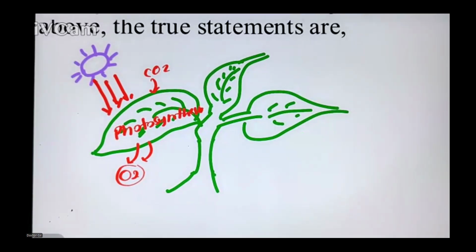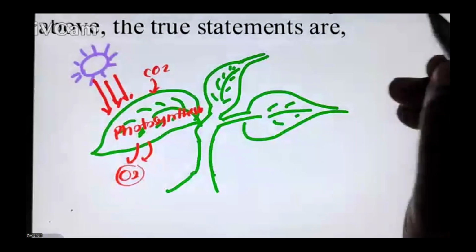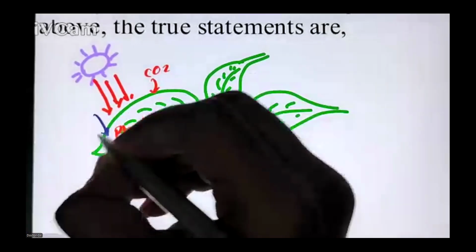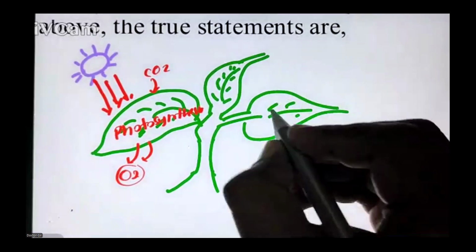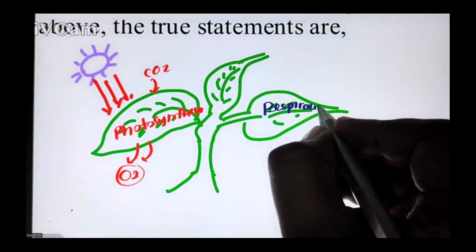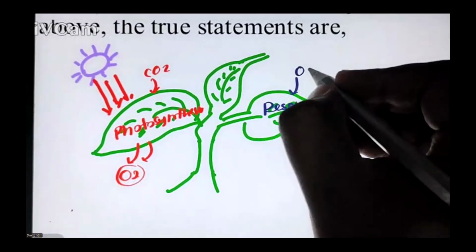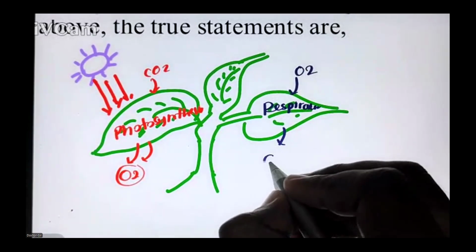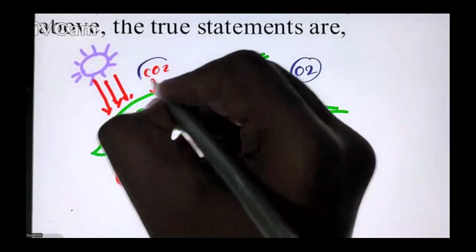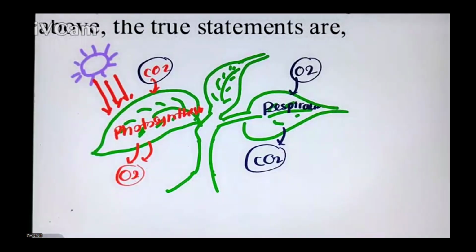But at the same time, the plants will do their respiration. In respiration, they take O2 and produce CO2. So this is also going on in the daytime.